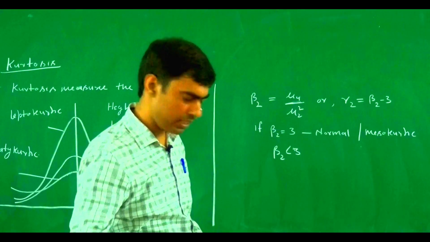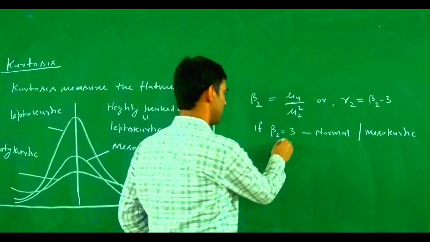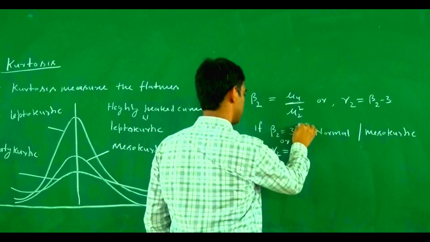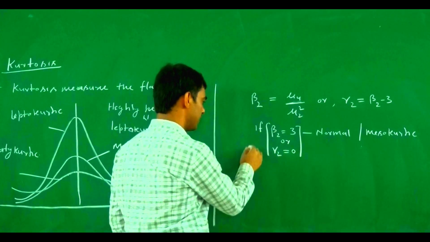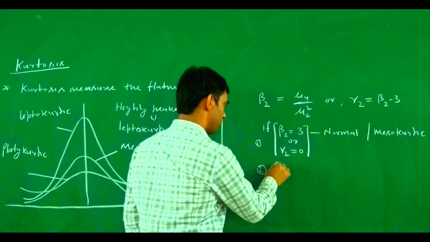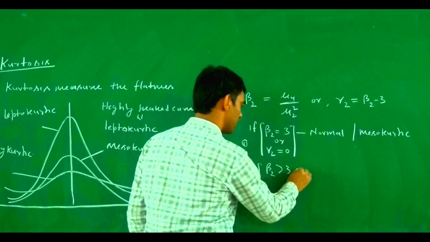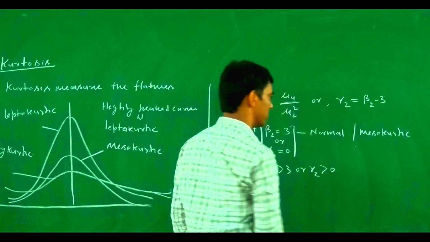If beta 2 equals 3, then what is the value of gamma 2? Obviously gamma 2 equals 0. So then this is a normal curve.